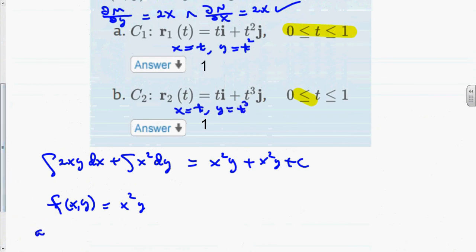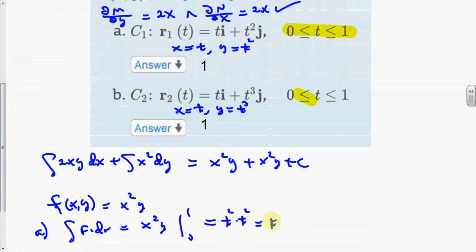So for part A, the line integral is equal to the potential function evaluated on the limits of integration from 0 to 1, but that's in terms of t, so we convert the x's and y's to t's. So x is t, so this is t squared times y, and y is t squared, so this is t to the fourth, from 0 to 1.